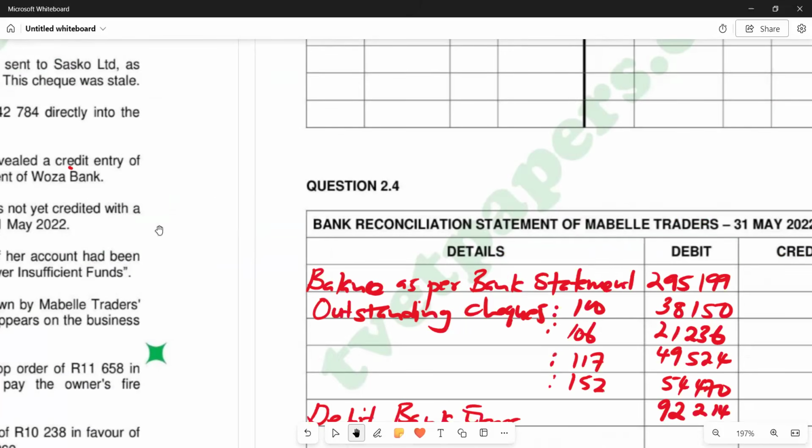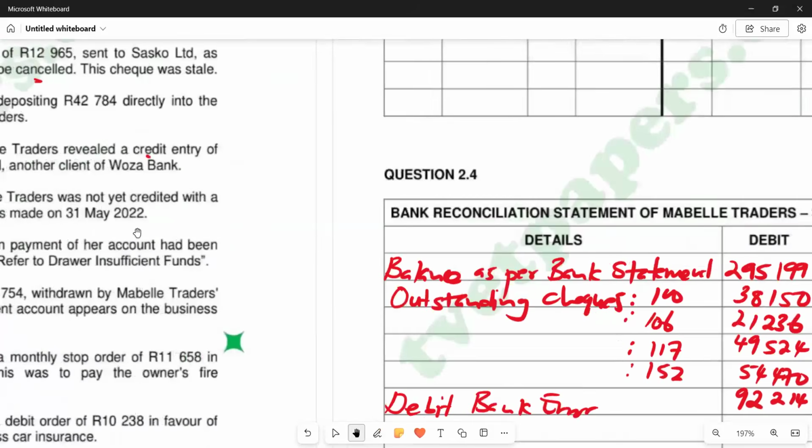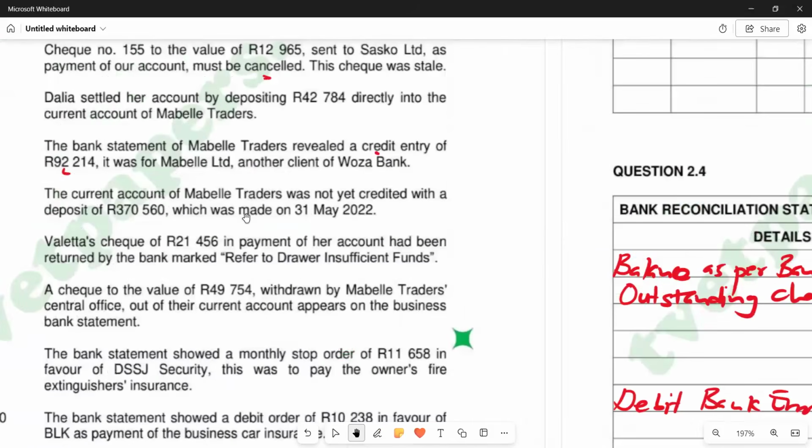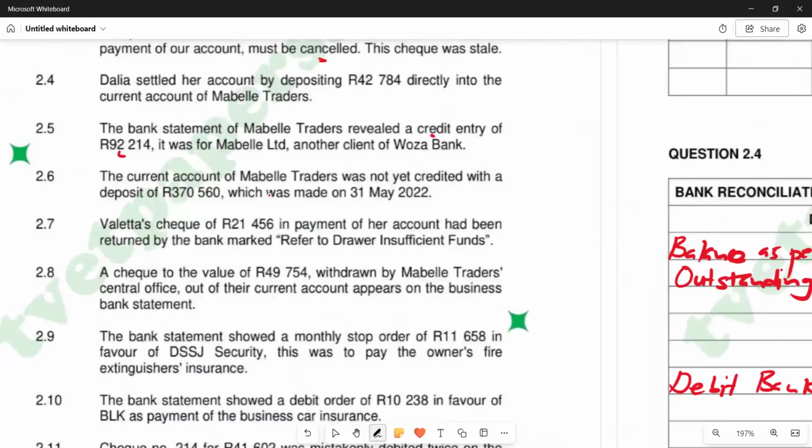The assumption is that the deposit is going to reach the bank and be processed. It was made on 31 May, which was the day that this reconciliation is being prepared.